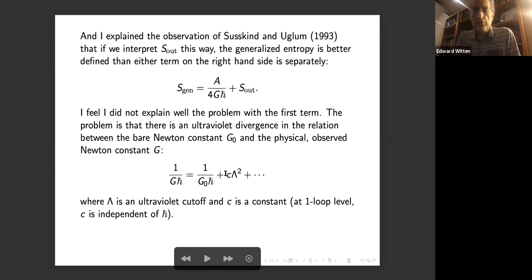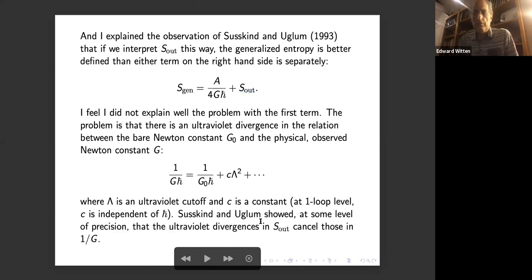The form of the divergence is exactly the same as the form of the divergence in S out. They're both independent of h bar in one loop order. Susskind and Uglum showed that they have equal and opposite coefficients. Later authors improved on this, but Susskind and Uglum showed that it was true at one loop level.